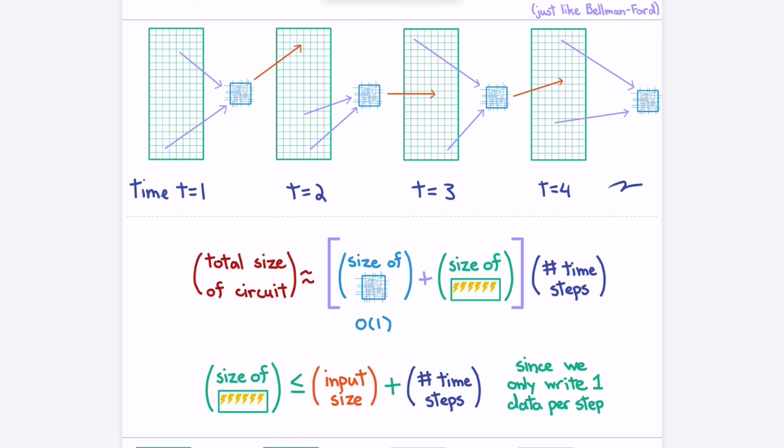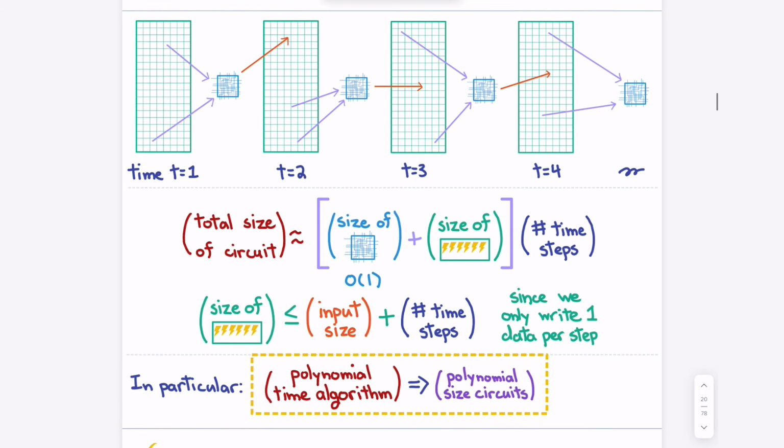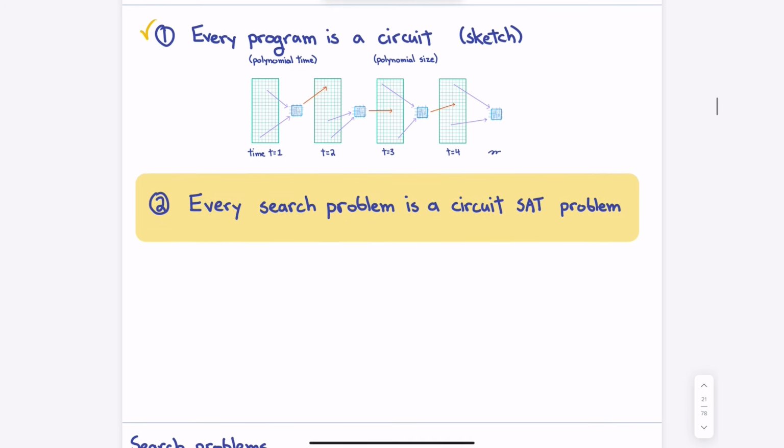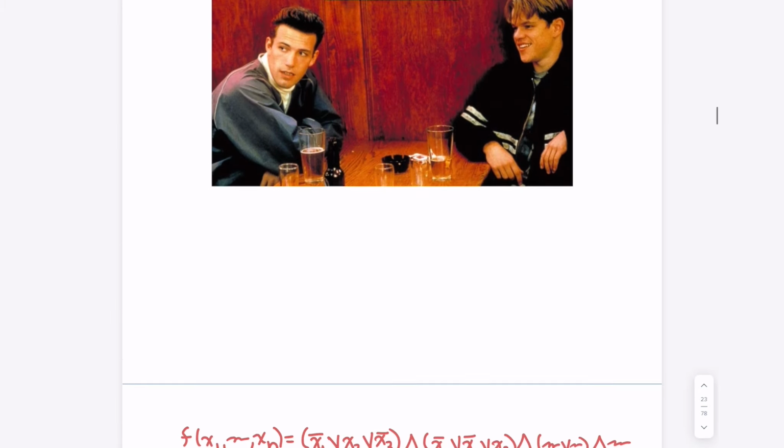And so that was step one of this meta argument. And then the next interesting part was trying to point out that, oh, that means that every search problem is a circuit SAT problem, right? And this was best explained by Good Will Hunting.